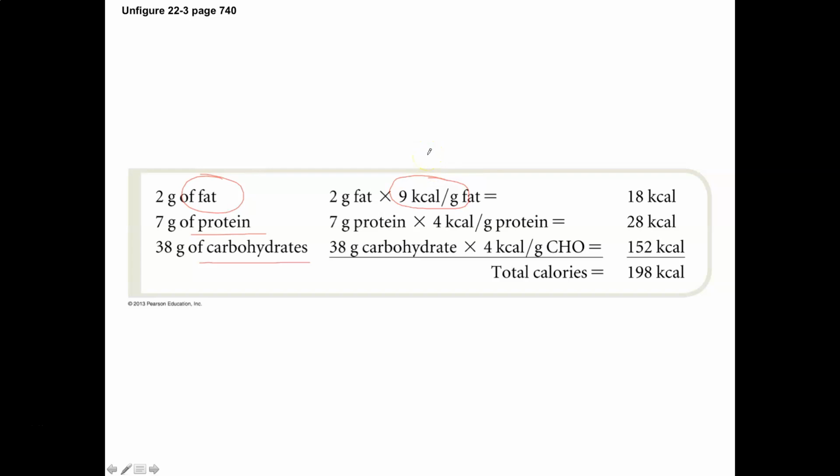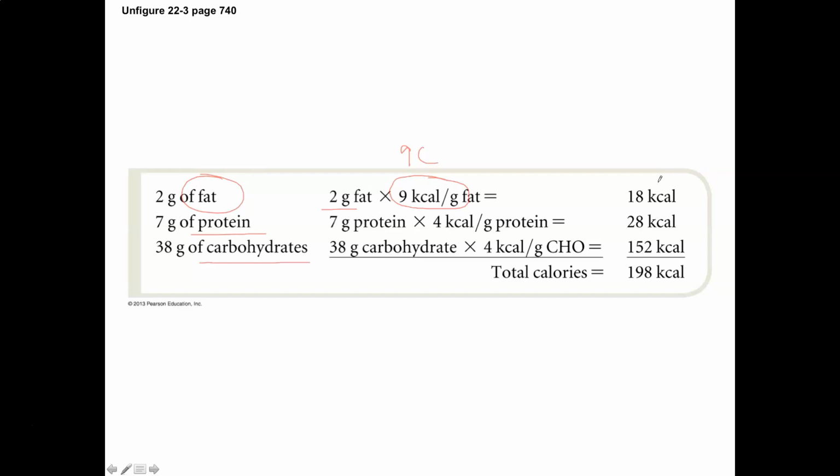So 9 kcal or 9 large C calories per gram of fat. So for example, if you only had 2 grams of fat, you're talking about generating 18 calories of energy. And so lipids are an interesting molecule to discuss because of their high energy yield.